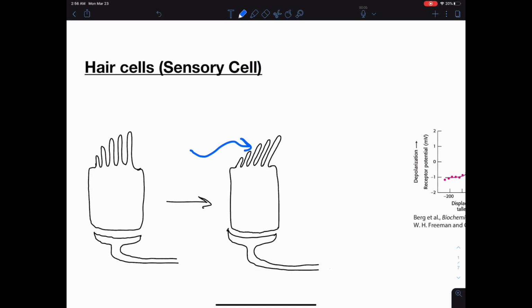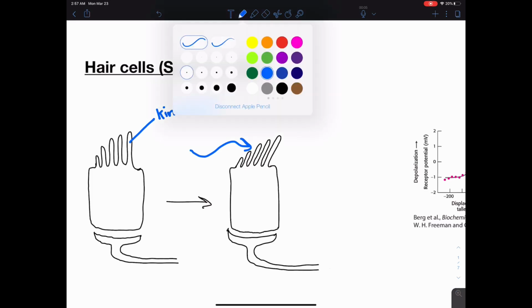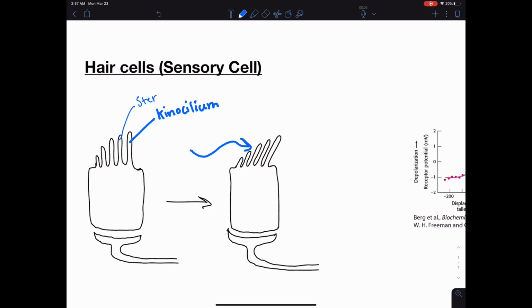Just quickly to go over the individual structures, the largest projection is called the kinocilium, and then you have the shorter projections, which are called stereocilia, and this overall structure right here is the hair cell, and then this is an auditory neuron.